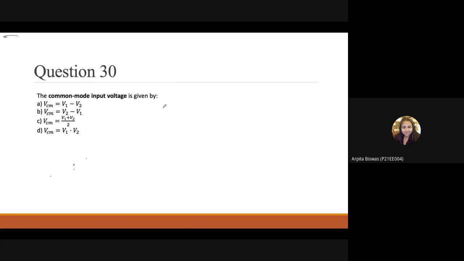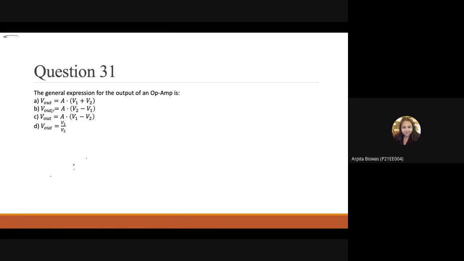Question number 30. The common mode input voltage is given by VCM equal to V1 minus V2, or VCM equal to V2 minus V1, or VCM equal to (V1 plus V2) by 2, or VCM equal to V1 into V2. Option C, ma'am. VCM is (1 plus 50) by 2. Yes.